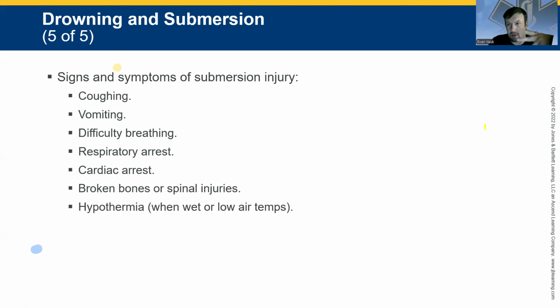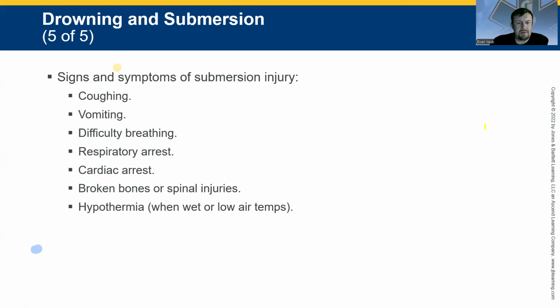We start with gagging and coughing if we swallow a bunch of water, and then we try to vomit. We can't breathe, and if we can't breathe, what happens? We go into respiratory arrest, which is very quickly followed by cardiac arrest, and that's drowning.